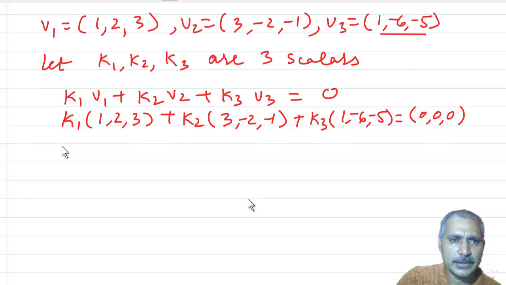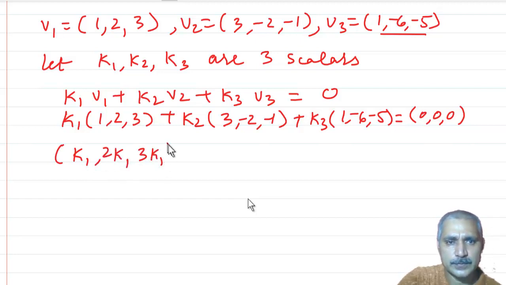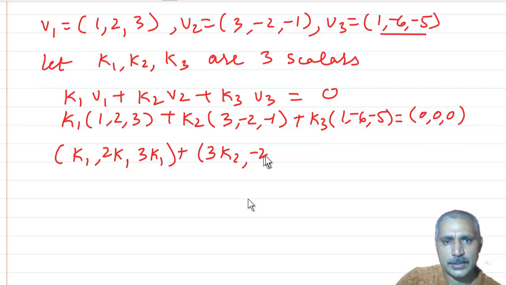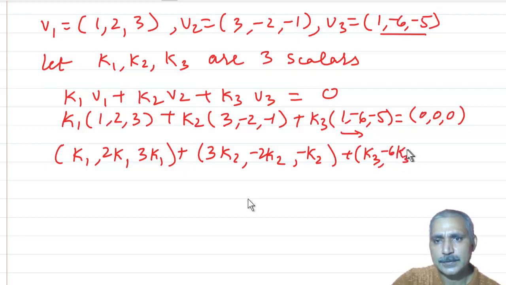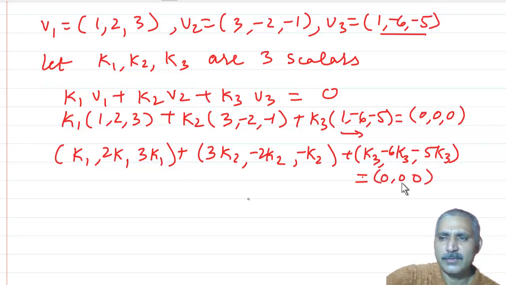k1 we will take inside, so it will be k1, 2k1 and 3k1, plus 3k2, -2k2 and -k2, plus k3 taken inside, -6k3 and -5k3, equal to the 0 vector. Now we will be simplifying this one.